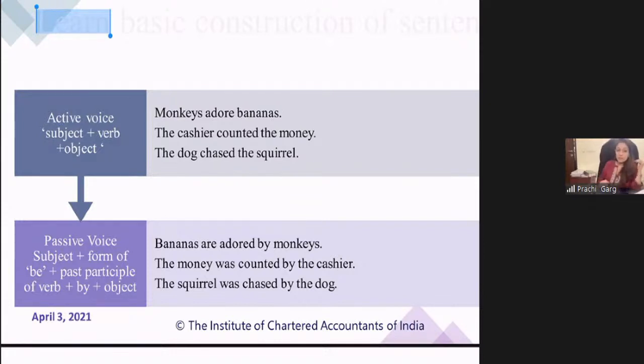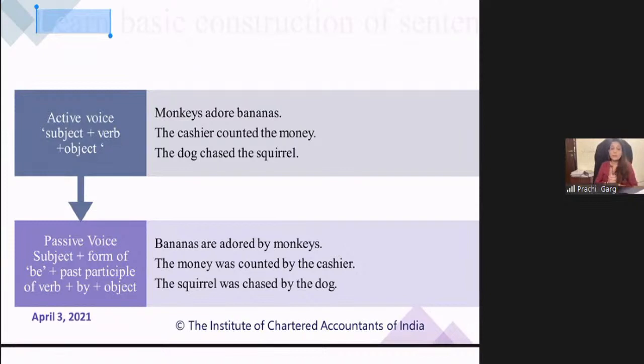But in passive voice, it is changed. Monkeys adore bananas will become bananas are adored by monkeys. Now the sentence structure will change. We have the subject, we have a form of be. Forms of be are is, am, are, was, were. It totally depends on the subject and the tense of the sentence.